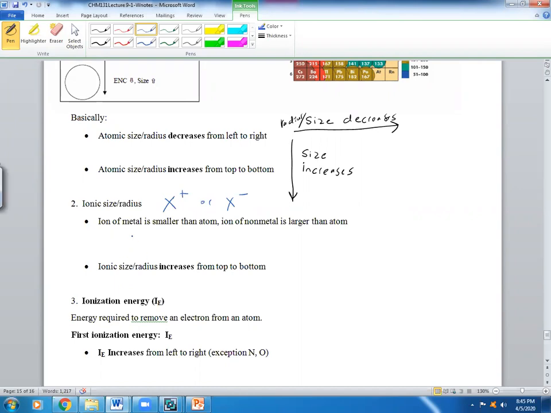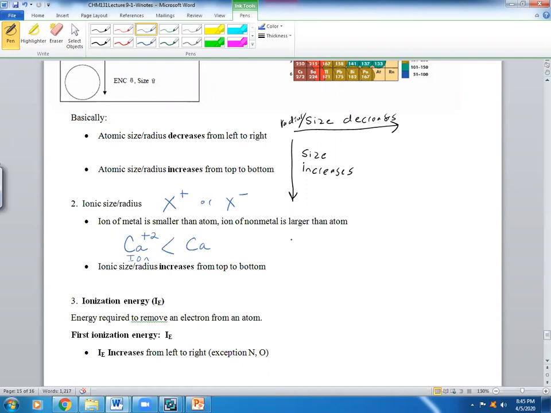So suppose I have Ca, and the ion of Ca is 2+. So this is your ion. This would be smaller than Ca. When it loses electrons, it loses a shell, so obviously the size decreases.